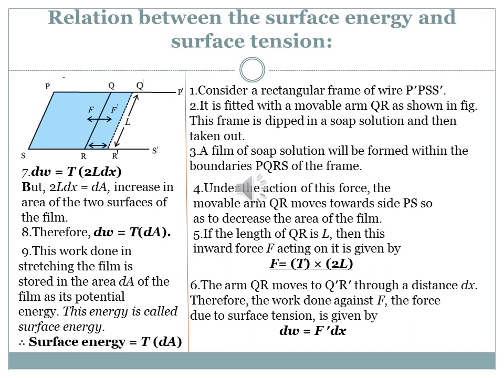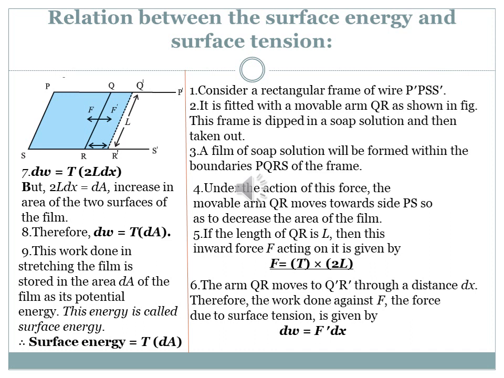So you are getting the relation between surface energy and surface tension as surface energy is equal to T into dA. Or you can directly say that surface tension is surface energy per unit increase in area. Alright, are you getting what I'm talking about? We have derived the relation between surface energy and surface tension.